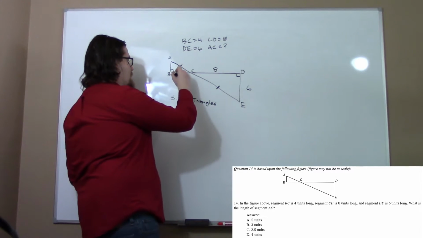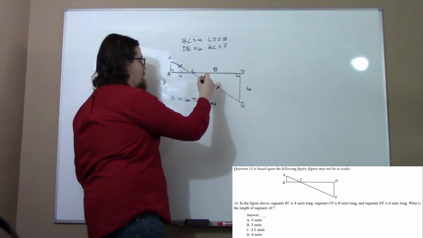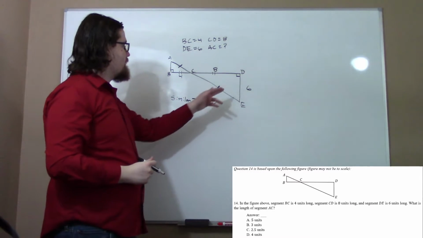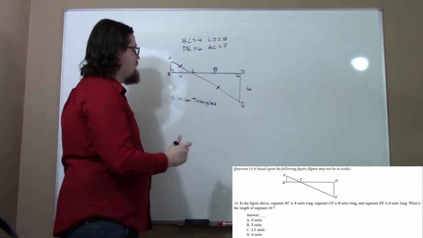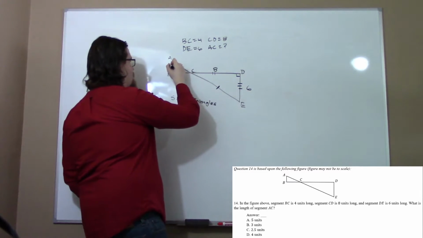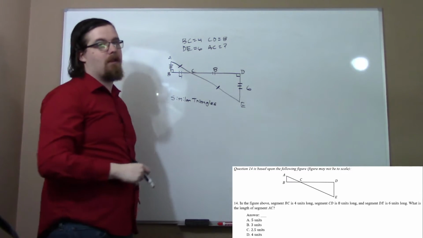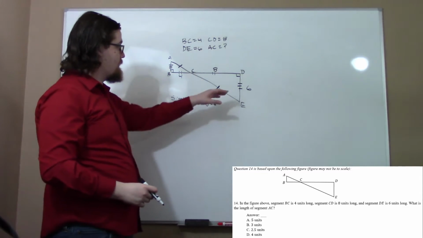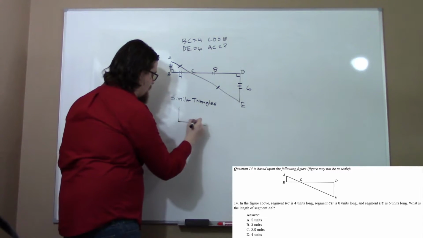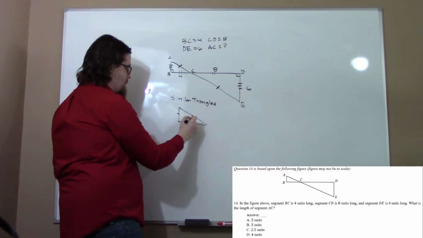We can also say that BC corresponds to CD because they're on the same line. And finally, DE and AB correspond because they have the same placement within the same triangle. If we were to rotate this triangle, you would get a big triangle with a little triangle inside of it. So these are similar.